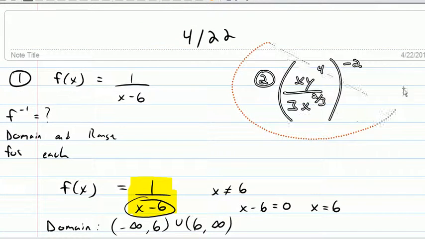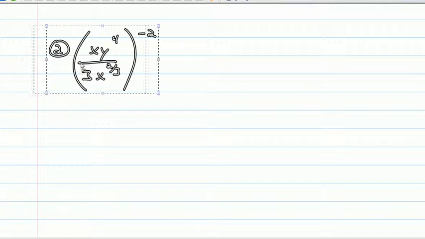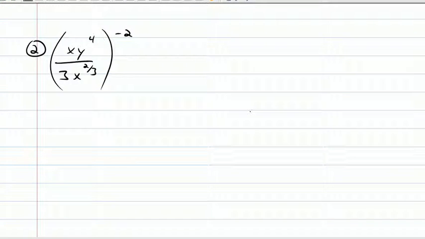Okay, the last problem deals with exponents. So we're sitting here. We've talked about being able to distribute exponents in. We can make that call right off the start. So think about everything and its exponent. So this becomes x to the negative 2. This becomes y to the negative 8.